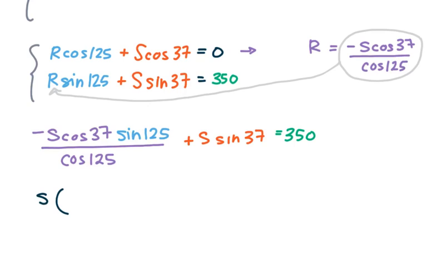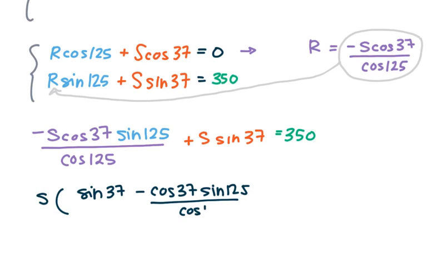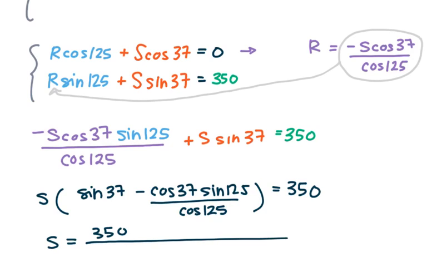Factoring out an S, that leaves me with sine 37 minus cosine 37 sine 125 over cosine 125 equals 350, and then by division, we'll see that S is 350 divided by this entire expression, which is sine 37 minus cosine 37 times sine of 125 over cosine of 125.